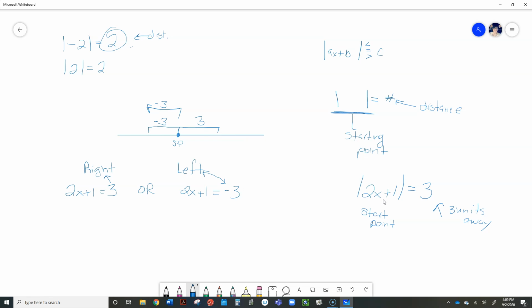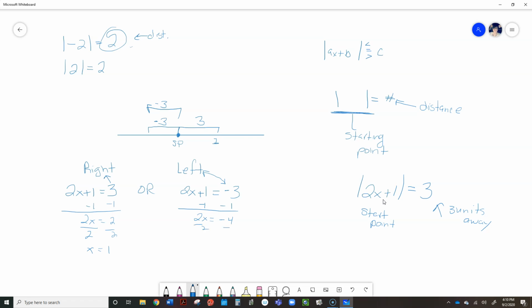And to solve that, of course, you go -1, -1, and this is 2x equals 2. So divide by 2, divide by 2. So we ended up at 1 over here. And then over here we do -1, -1, and we get 2x is equal to -4.